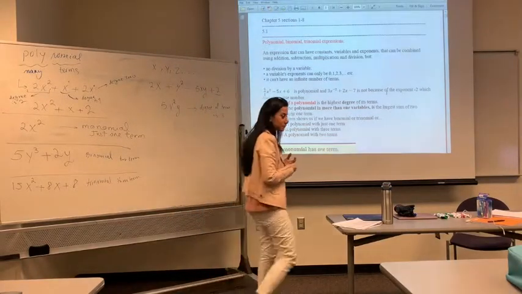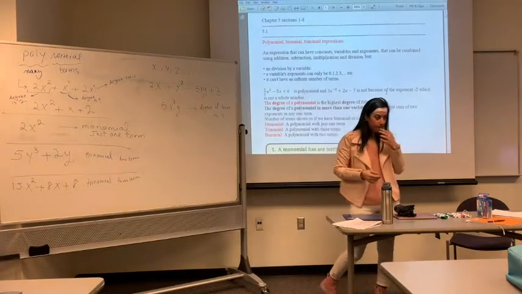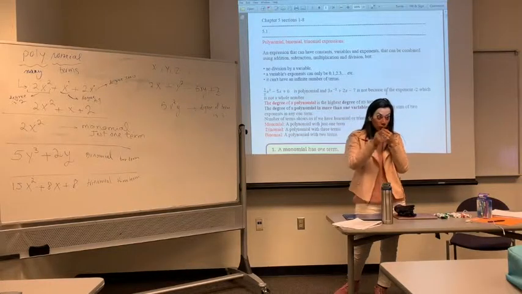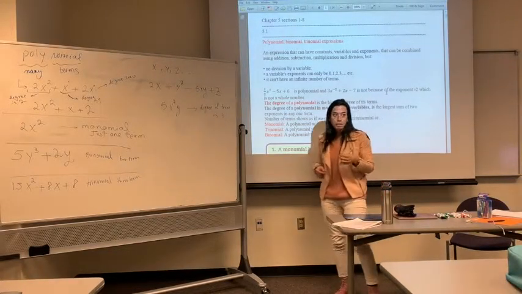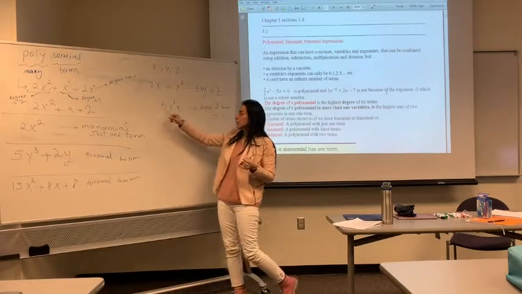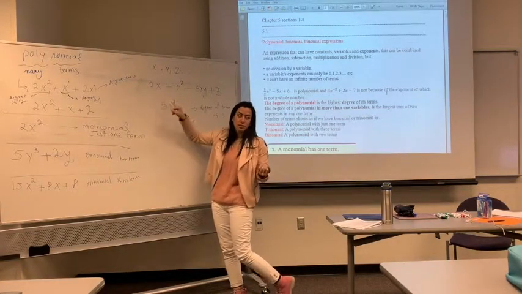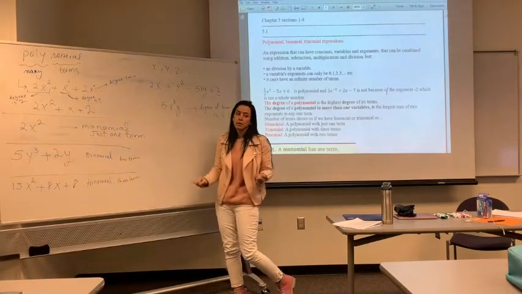Do regular numbers have a degree, like 8? No. He asked whether we should calculate the degree of 5, which is maybe 1. I said no, just look at the variables.